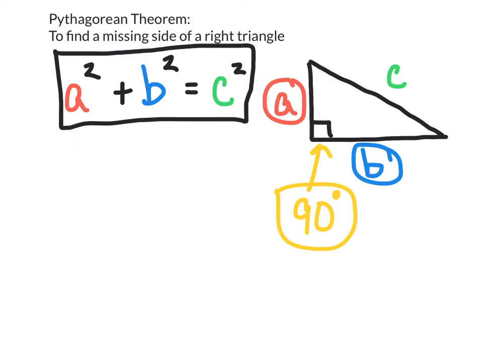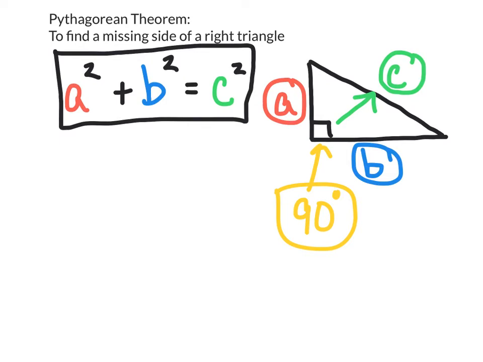The legs are the sides that are adjacent to the right angle. In other words, the right angle is in the middle of the two legs. Those are both considered the legs. The c, on the other hand, is what we consider the hypotenuse, and you will notice that the hypotenuse is exactly opposite of the 90 degrees.